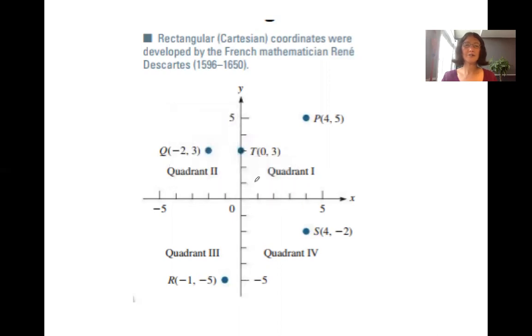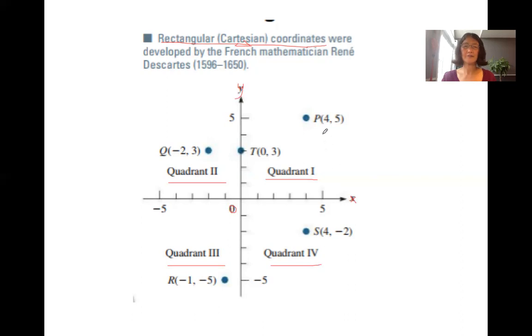First, we introduce the rectangular coordinate system, also called the Cartesian coordinate system. In this system, you have the x-axis and the y-axis, and you have the origin. The x-axis and y-axis divide the plane into 4 quadrants: quadrant 1, quadrant 2, quadrant 3, quadrant 4.